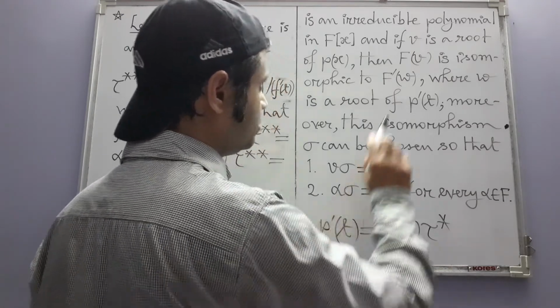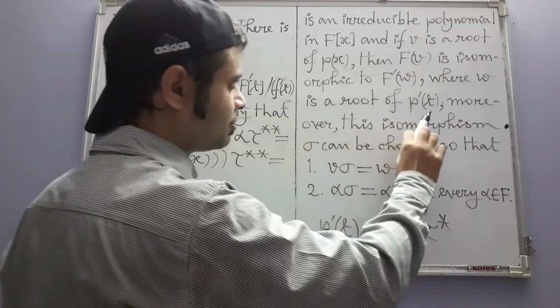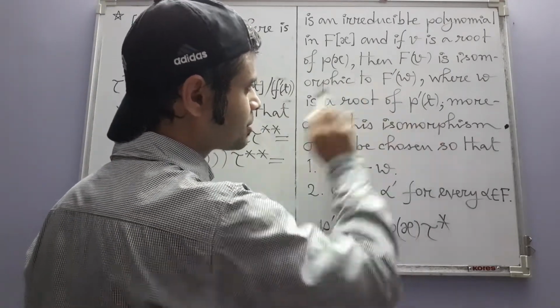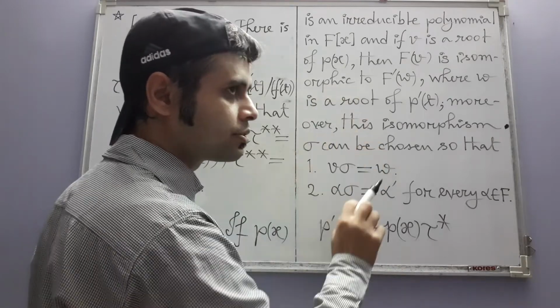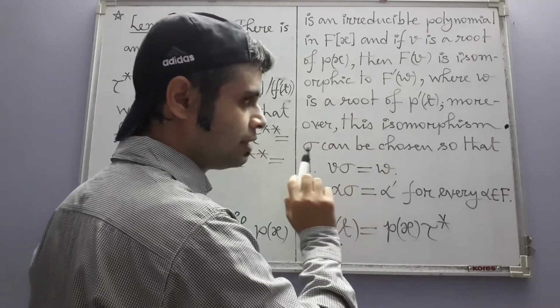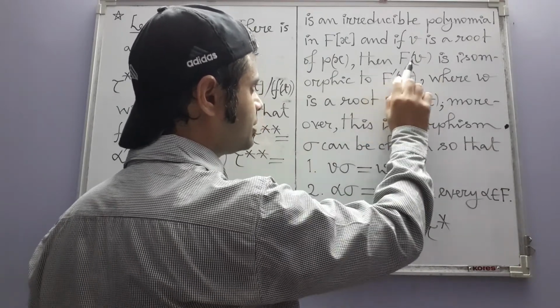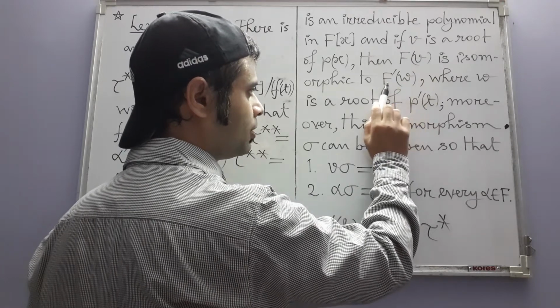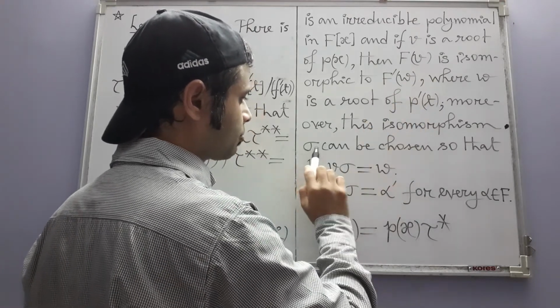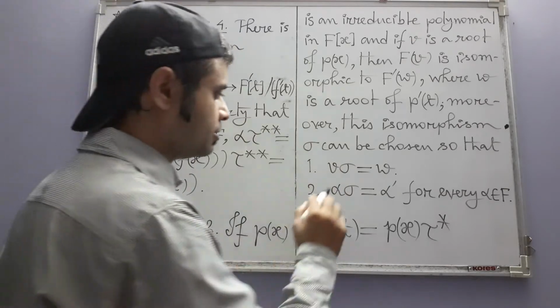So we have a root v of p(x) and we have a root w of this p prime(t). Then there exists a field isomorphism between these two fields. One is obtained by adjoining v to F, the other is obtained by adjoining w to F prime, and we are calling this isomorphism sigma, which has these two properties.